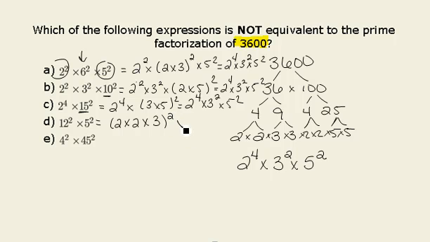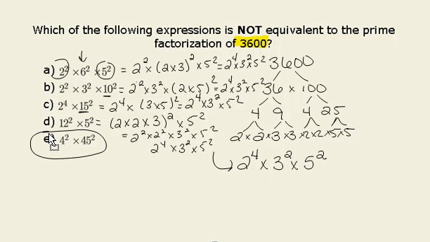So we have 12 squared times 5 squared. 2 squared times 2 squared times 3 squared, that whole quantity squared, is the same as 2 squared times 2 squared times 3 squared times 5 squared, giving us 2 to the 4th times 3 squared times 5 squared, which is still equivalent to the prime factorization of 3600.